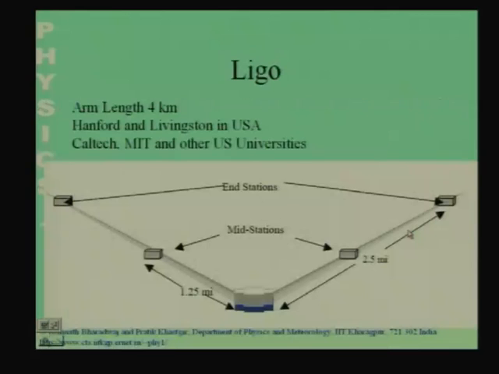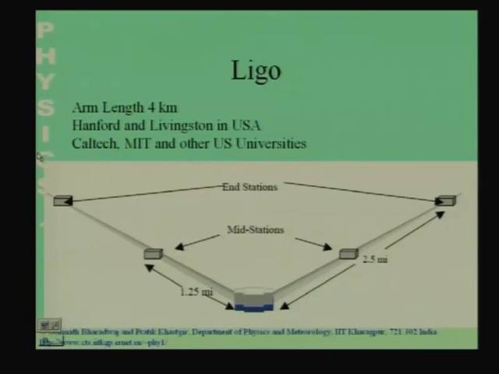Now, what is LIGO all about? LIGO is a joint project mainly involving the California Institute of Technology and the Massachusetts Institute of Technology, Caltech and MIT, and some other American universities.